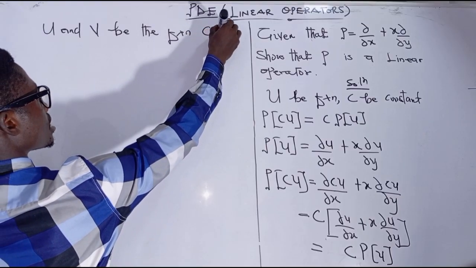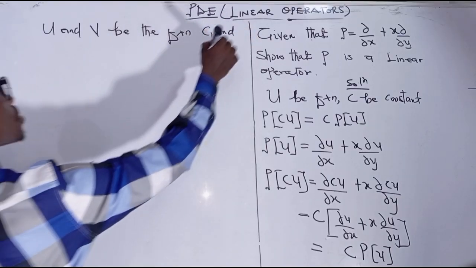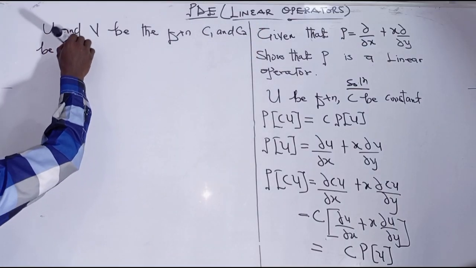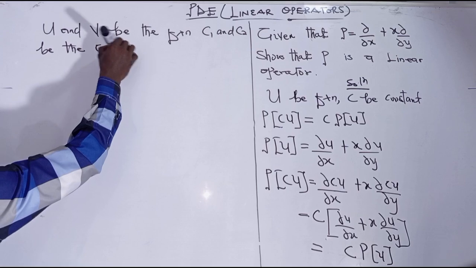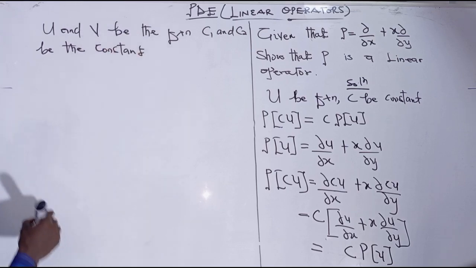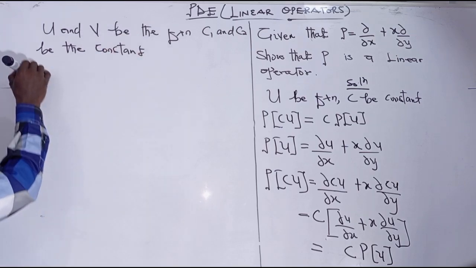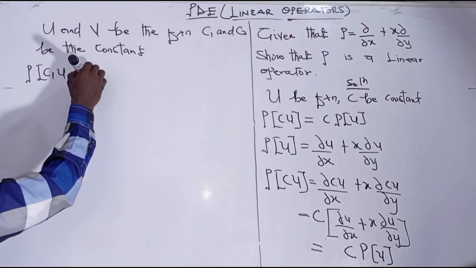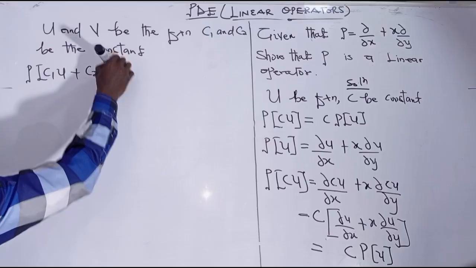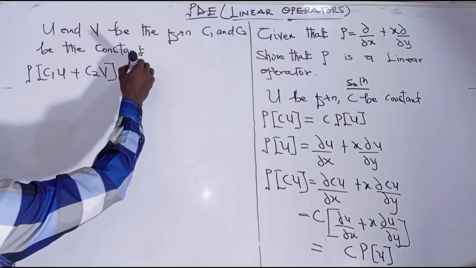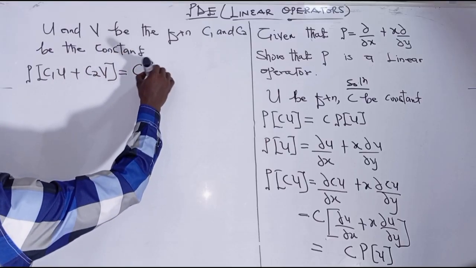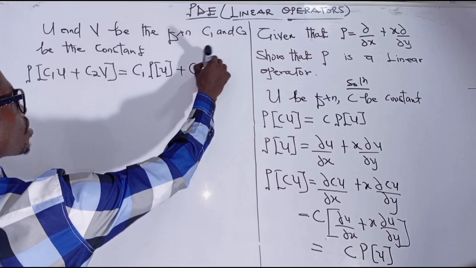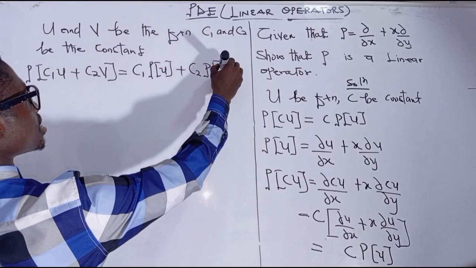A constant C1 and C2 also be the constants. Then we are saying that P(C1U plus C2V) should be the same as C1 P(U) plus C2 P(V).